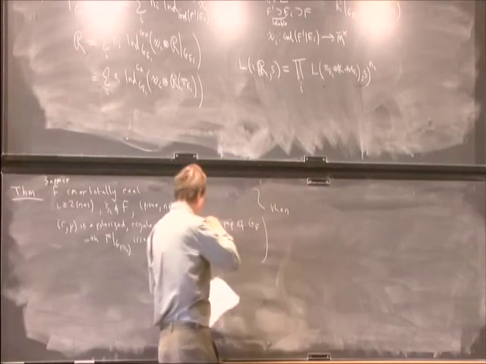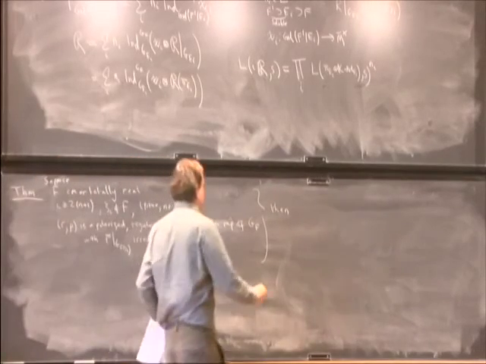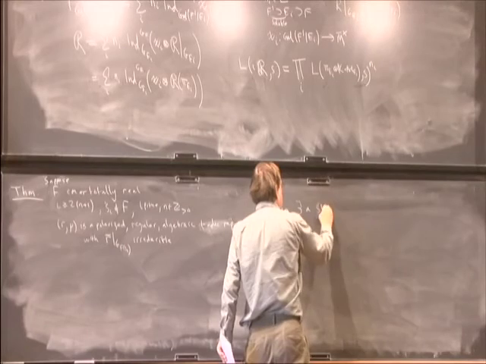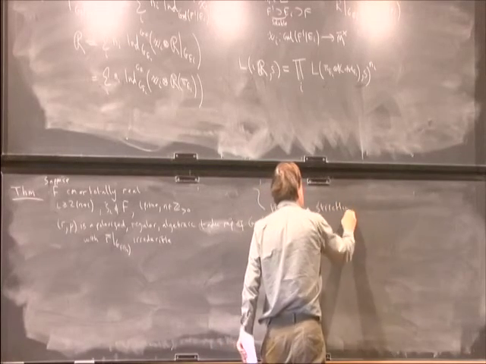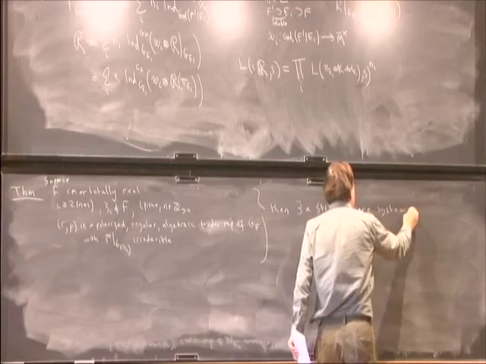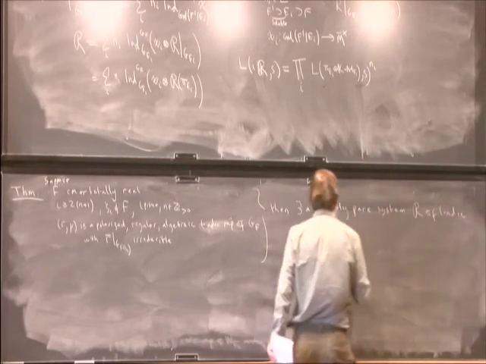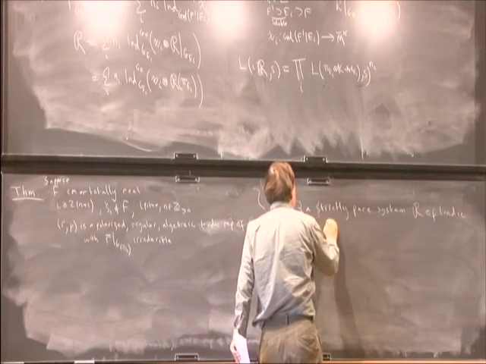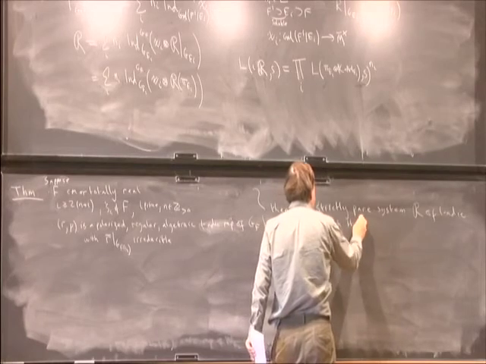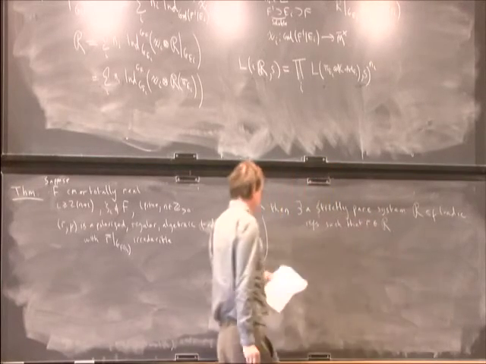And then the conclusion is that it is part of a strictly compatible system. So then there exists a strictly pure system R of L-adic representations such that R is a member of this system.